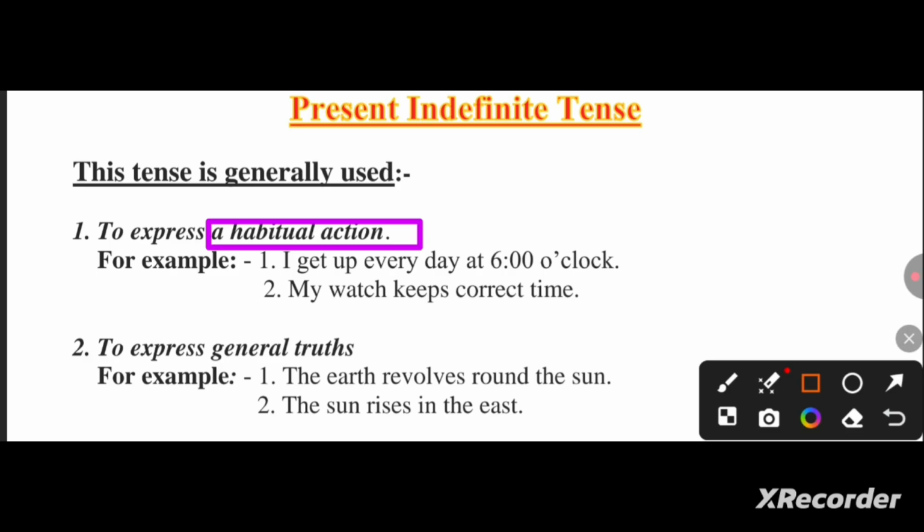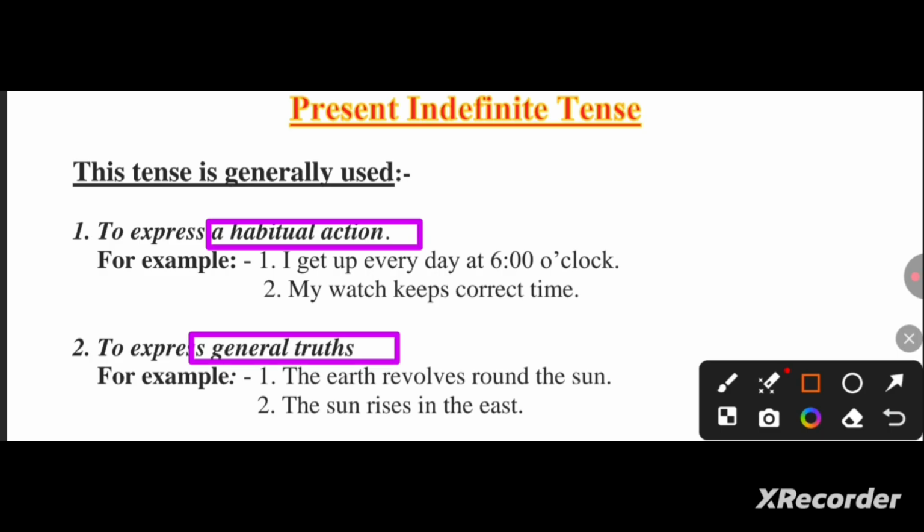This tense is also used to express general truths. Again, whenever we have to express general truth, we have to use present indefinite tense.